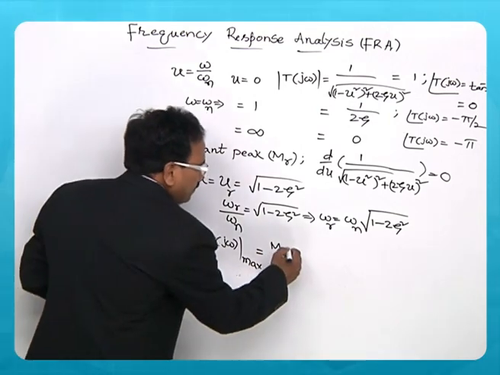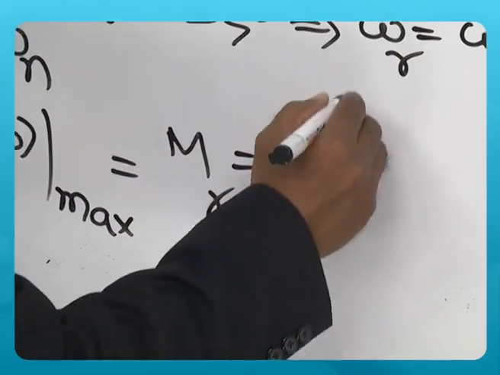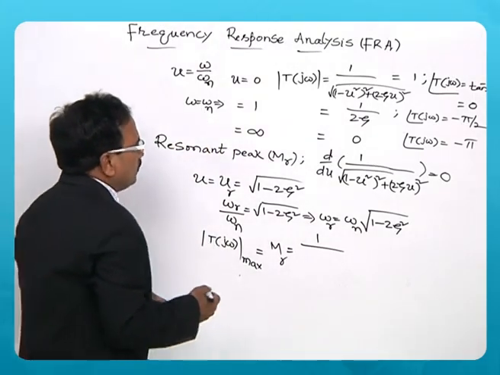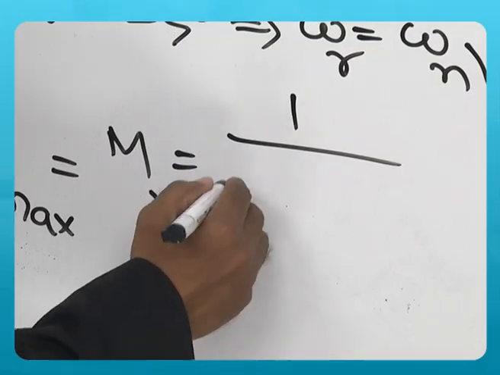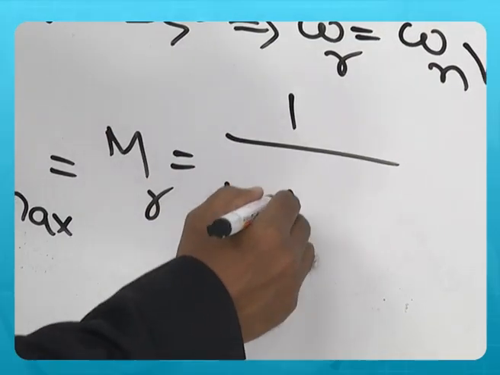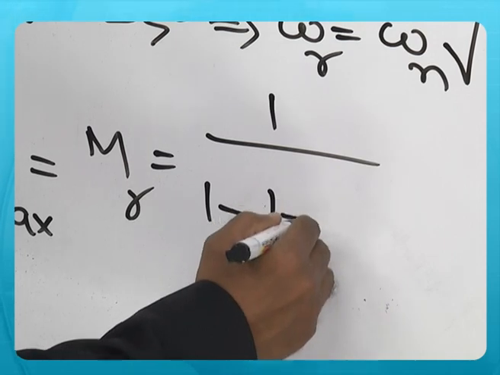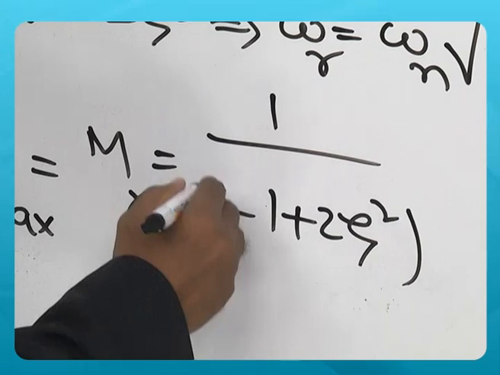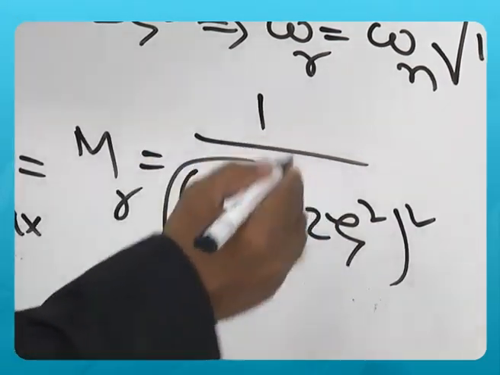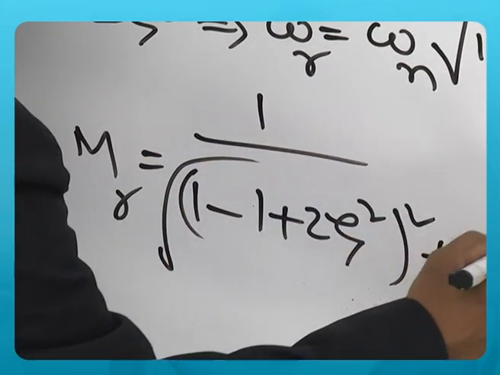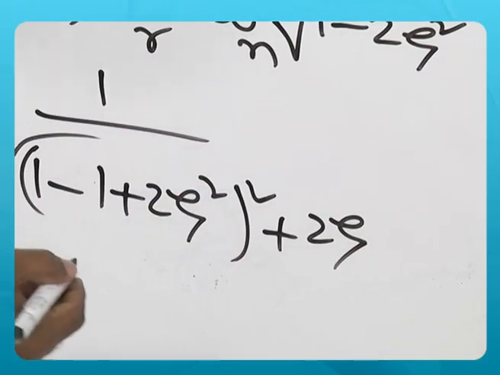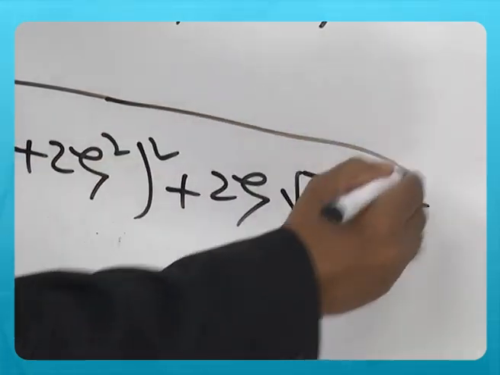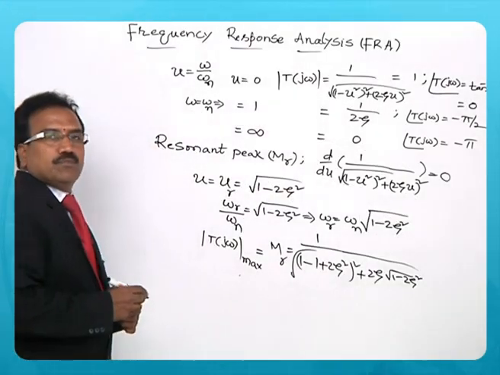This is given by, I can substitute now u r, or u equal to under root of 1 minus 2 zeta square, in the expression 1 minus u square whole square plus 2 zeta u whole square under root, with u equal to u r, that is replaced by under root of 1 minus 2 zeta square, to get the maximum value of that.